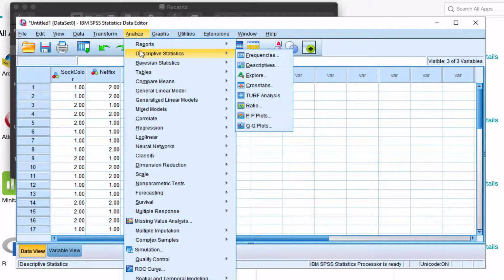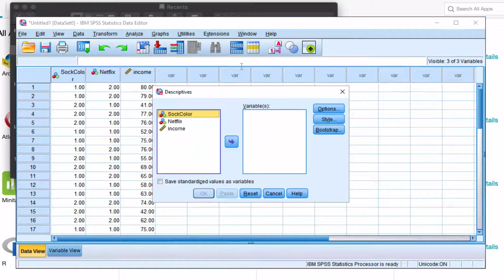The other thing is when we did the one-way ANOVA, we checked that there was an even distribution of the data, that there was no skewness or kurtosis. And how I did that was I went to the Descriptives and I just looked at the dependent variable.